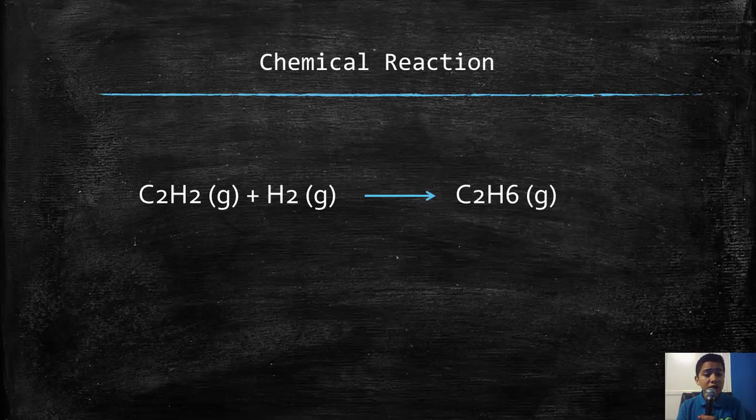C2H2, or 2 atoms of carbon and 2 atoms of hydrogen in their gas state, plus 2 more hydrogen atoms in their gas state, combines to make the compound product of 2 carbon atoms and 6 hydrogen atoms in their gas state. And this chemical reaction is a synthesis reaction because 2 or more, in our case 2, reactants are coming together to make one single compound complex product.